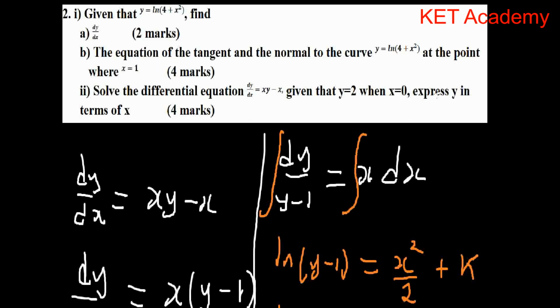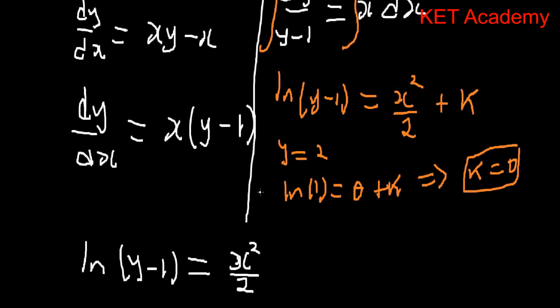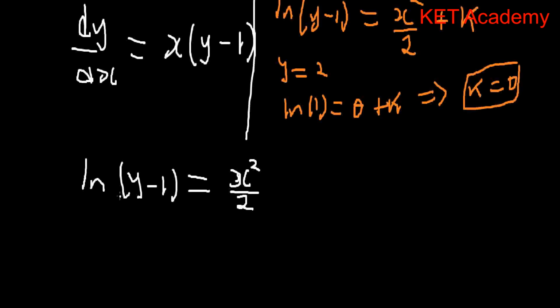Now notice that this is the answer, but it's not the final answer. They said express y in terms of x. What we have here is the natural log of y minus 1. To make y in terms of x, they are simply saying we should make y the subject of the formula. To remove the ln function, what do we know? We know that e to the ln x is simply x, right? So we take exponent on both sides.